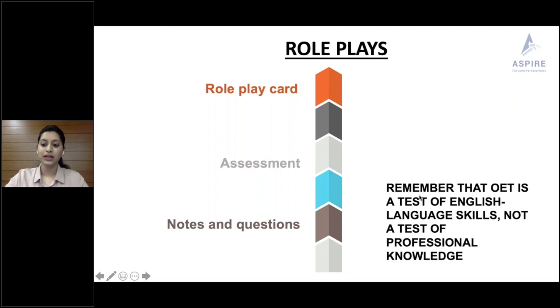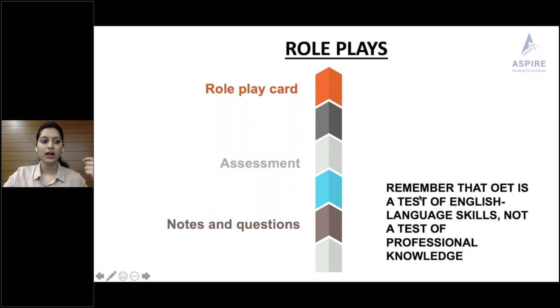Please remember that OET is a test of English language skills and it is not a test of professional knowledge. Now, having said this, you might have a few questions: if the task needs you to tell the patient about a management plan, address concerns, or discuss a topic in detail, you don't have to exactly know how to go about them, because in the task you will be given prompts.